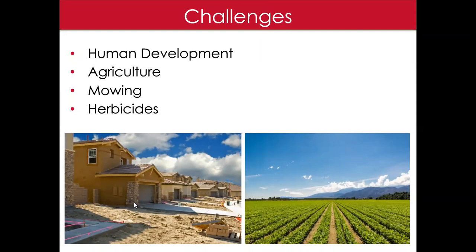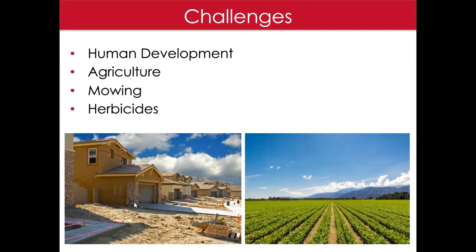And all those things provide great habitat for native pollinators. The second thing is agriculture. In different agricultural systems, again, you have development at some point. Just like this field here, it was probably once a forest or natural habitat as well.